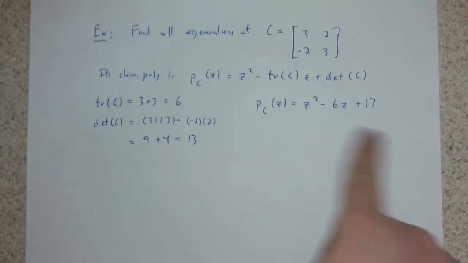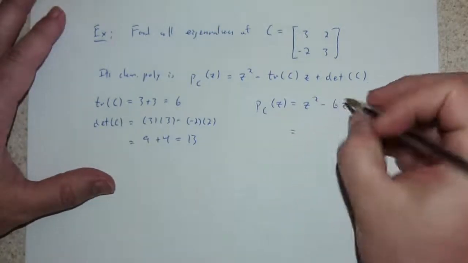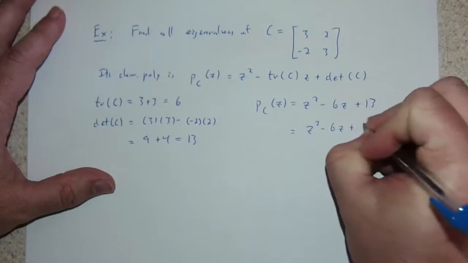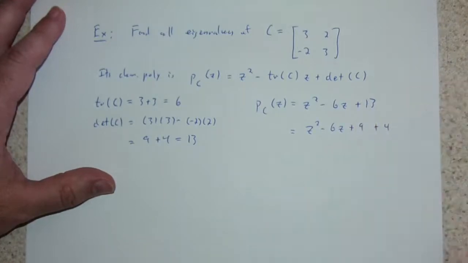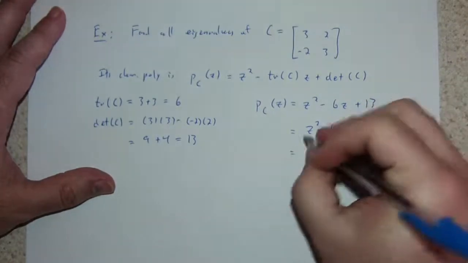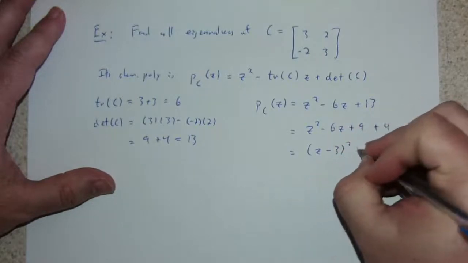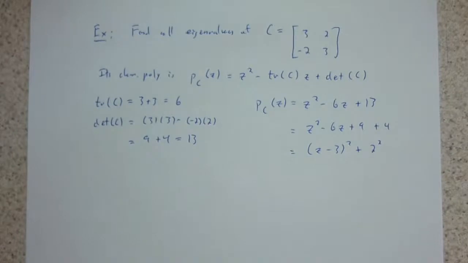Well, we could use the quadratic formula here, but I could also just notice that this is z squared minus 6z plus 9 plus 4, right? So this is (z minus 3) squared plus 2 squared.